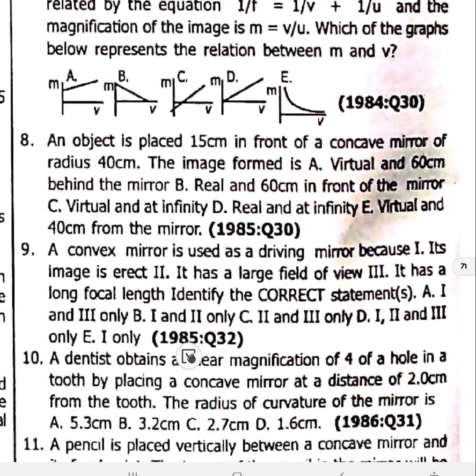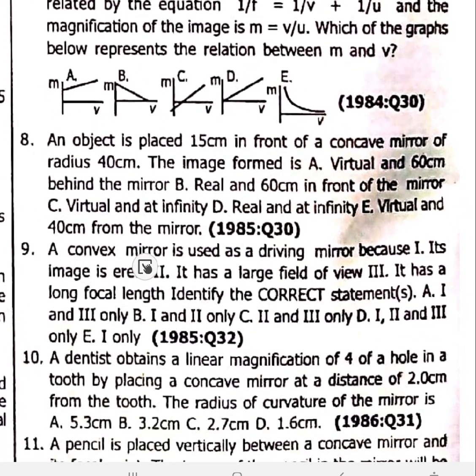Eight has to do with calculation. Number nine: a convex mirror is used as a driving mirror because its image is erect and it has a large field of view.